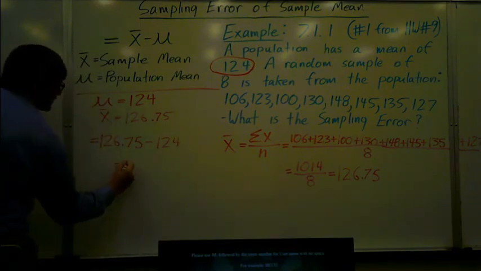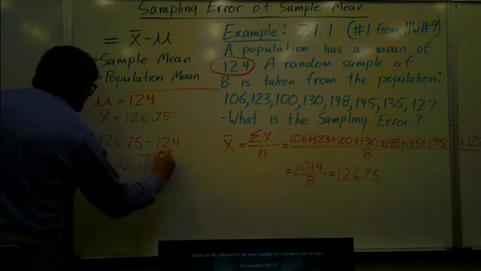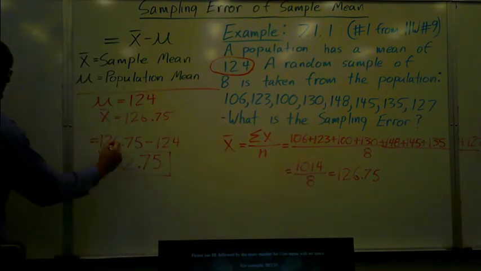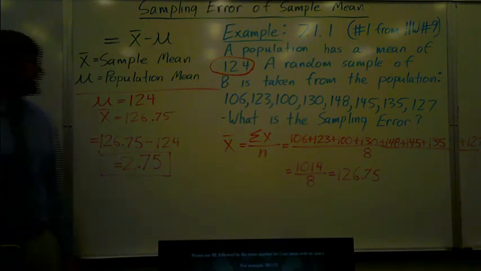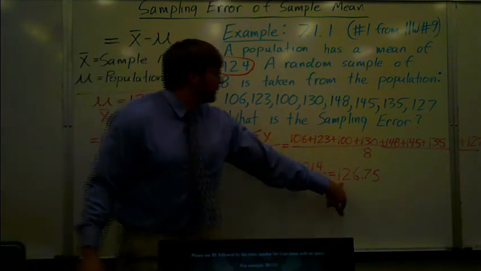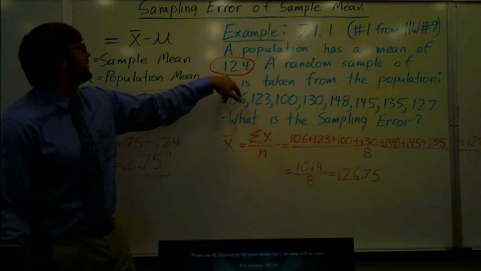And that simply gets us 2.75. So all that tells us, in this particular situation, is that our sample mean was 2.75 units above the population mean.